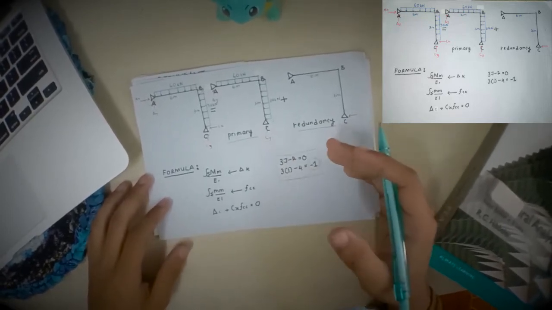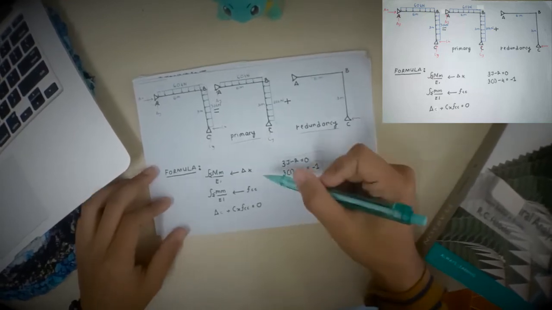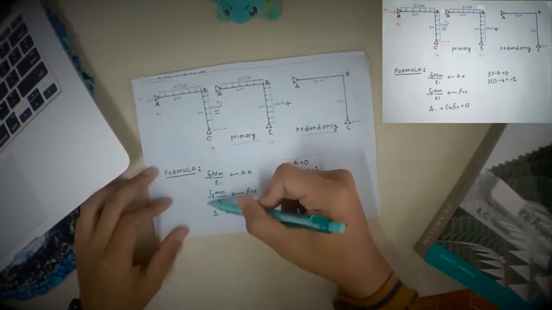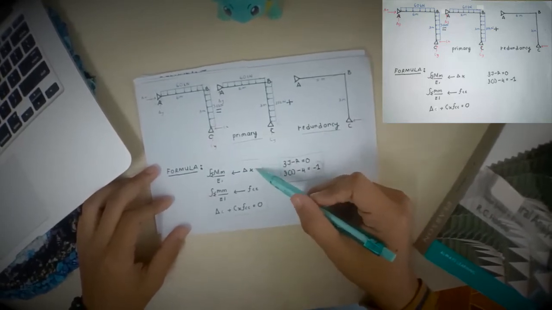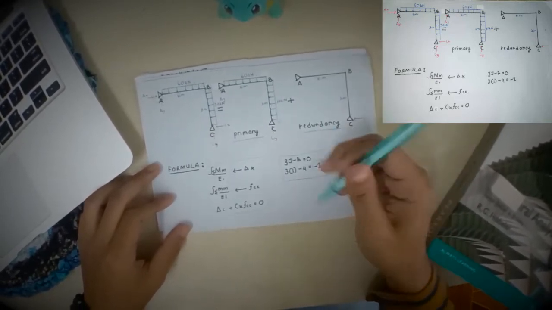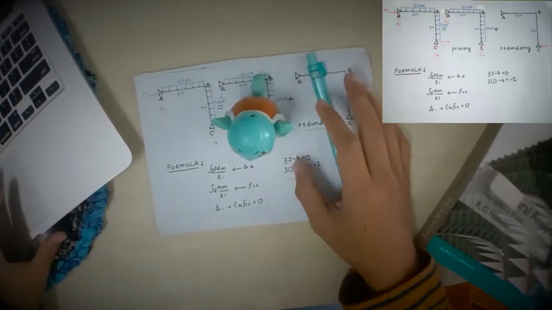I will explain about virtual work in the next step. Right, here as you can see, there are 3 formulas that we will use in this question. Okay, next we go to the next step.